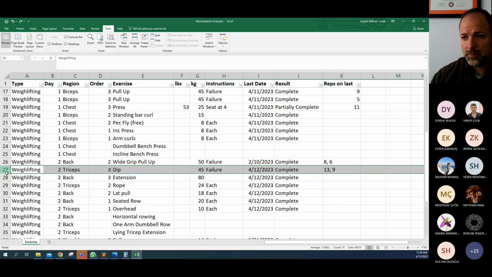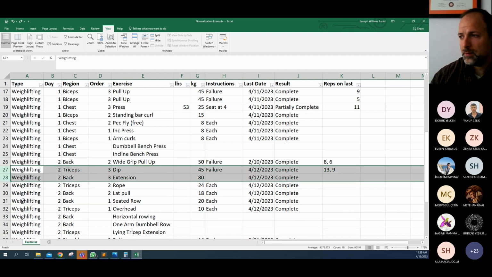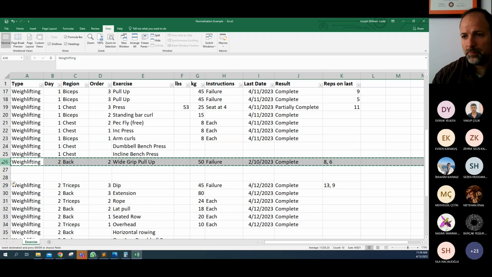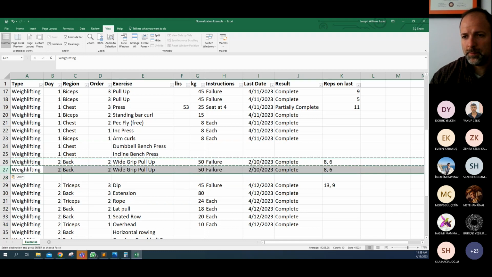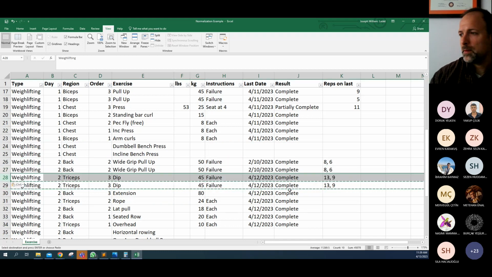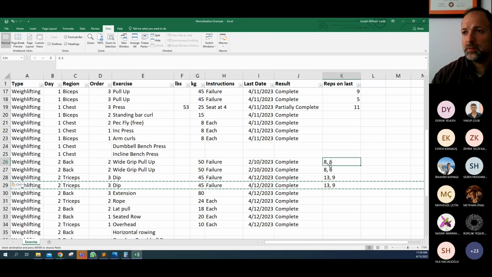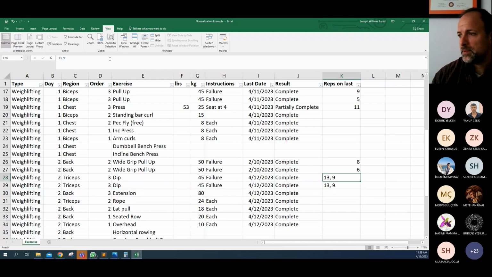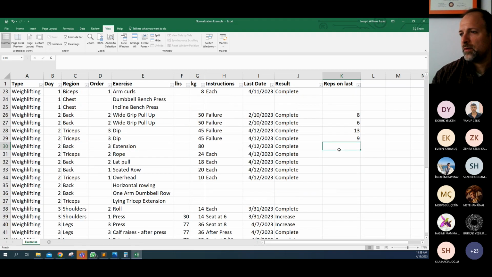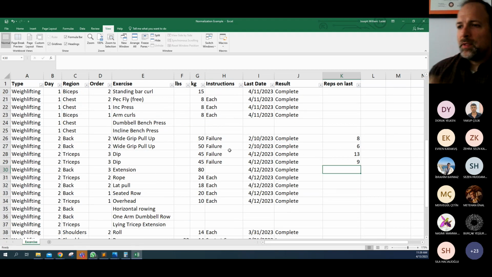Now we'll do it this way. So this is 8, 6, this is 13, and 9. I think that's all of them. Okay, yep. All right.